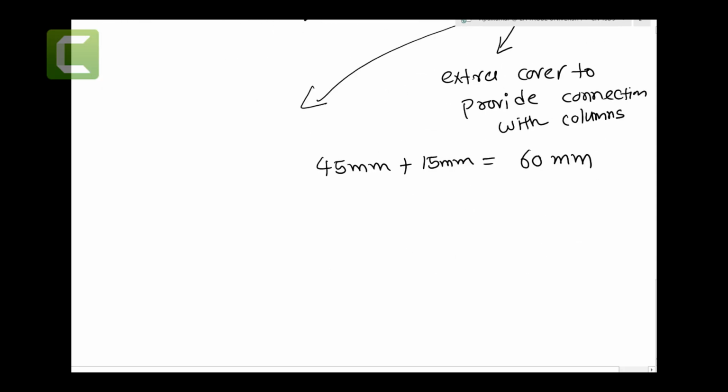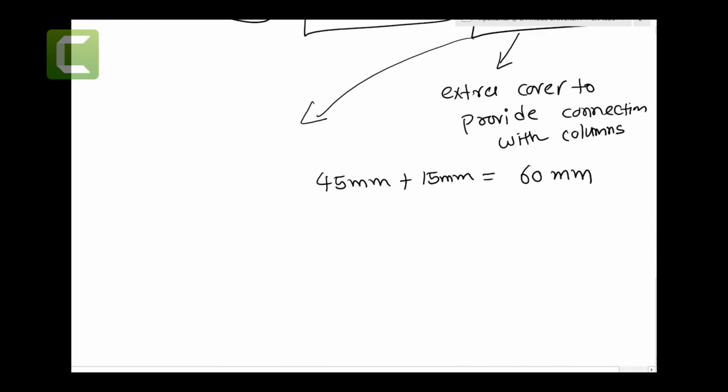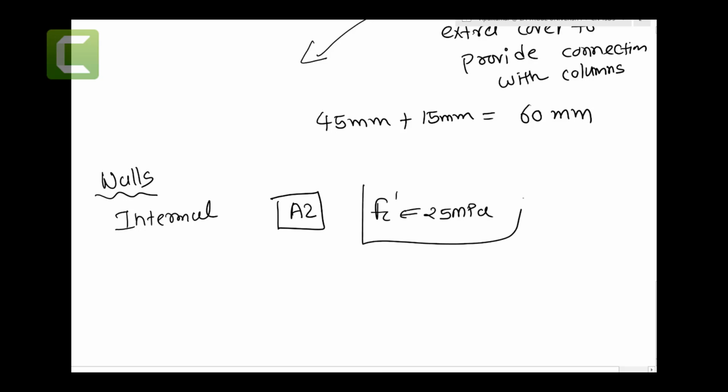Now for walls, I think we are done. I think the question is asking beams, columns, and walls. Now walls, for internal walls, again I'm repeating myself, but just for the completeness of these examples, I'm writing it all up. A2 classification for internal. For that case, concrete compressive strength is 25 megapascals, minimum, by the way. This is minimum.